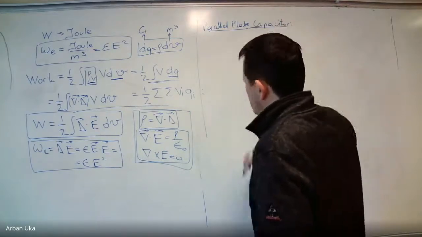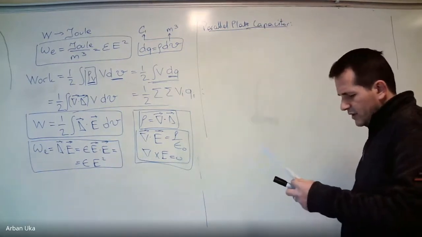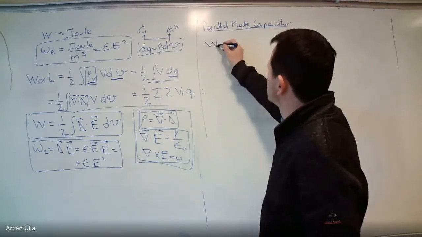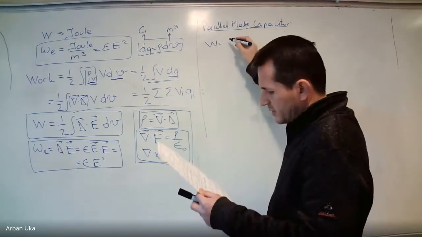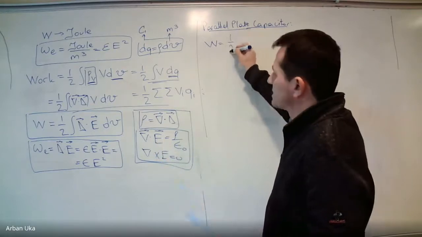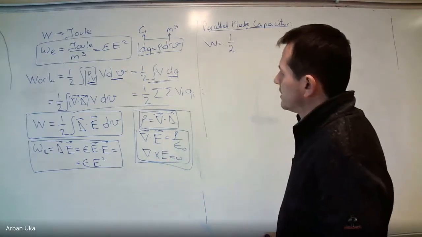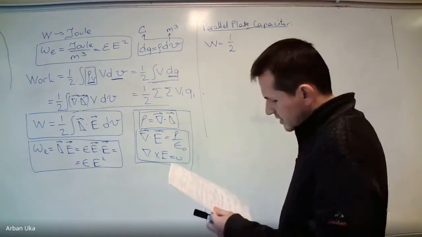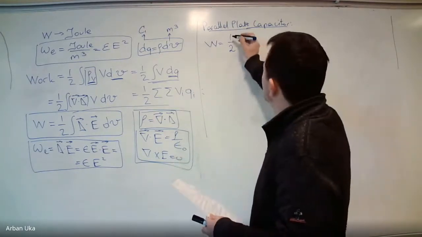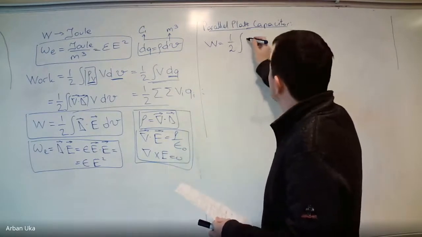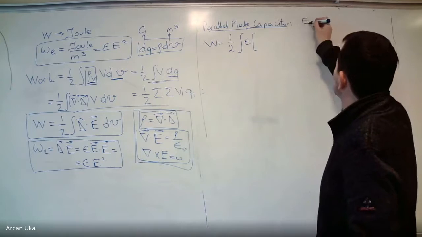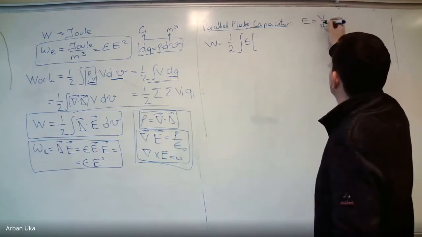For a parallel plate capacitor, we can find that the energy stored can be expressed as 1/2 times the energy density, which in this case we can write as integrating the permittivity times E squared. In a parallel plate capacitor, the electric field is always V divided by d.